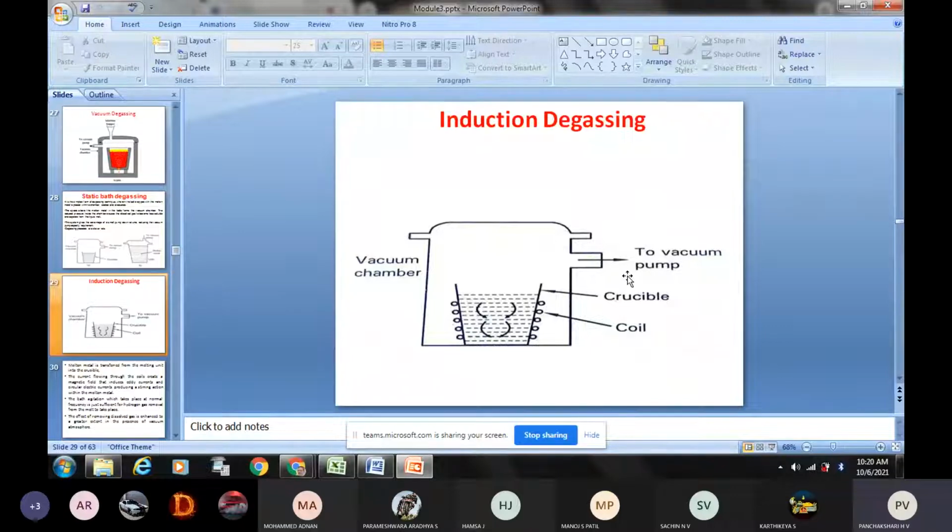Every concept is the same as before, but the only difference is that an induction coil is used here, so that due to the induction effect, circulation of the liquid metal takes place. Because of that circulation, it is not static. In the previous case, it was static. Here it is not static. Because of that, the release of gas takes place at the surface of the liquid metal, and that released gas is continuously pumped out by the vacuum pump.